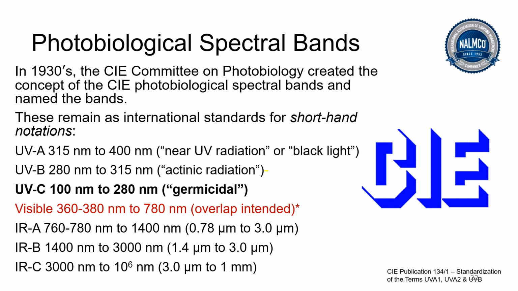Instead, there's an overlap. And so it depends upon how bright the source is as to whether you see it, rather than whether it's in the near UV or in the visible. The spectral band known as UVC is what we generally also refer to as the germicidal band.